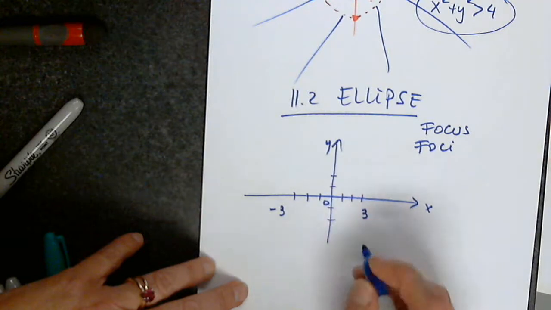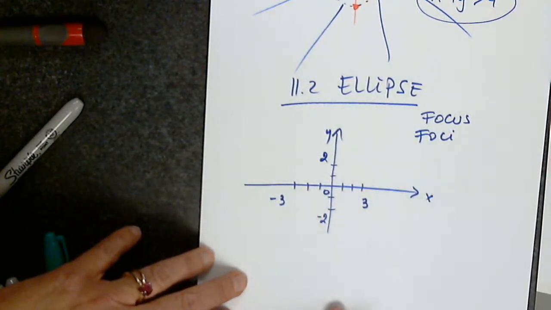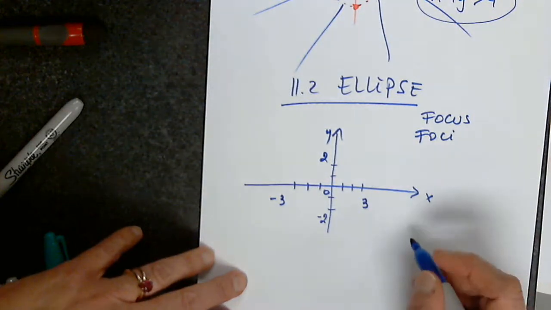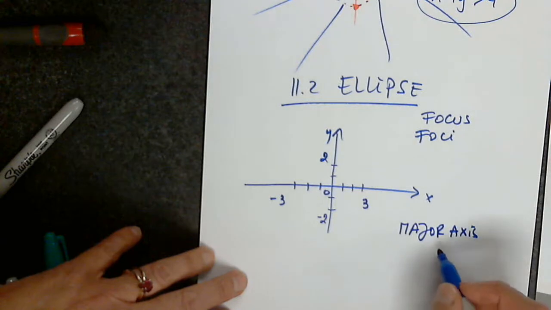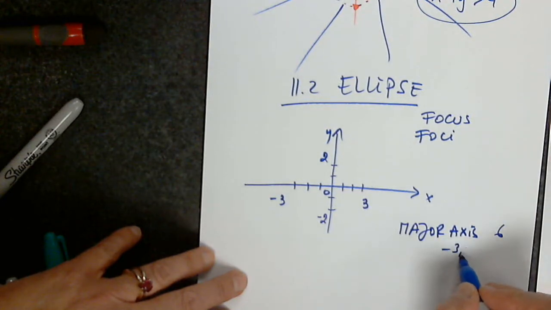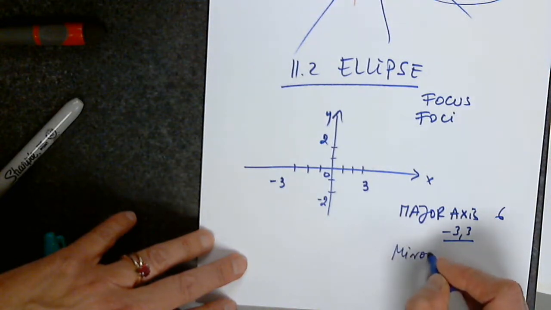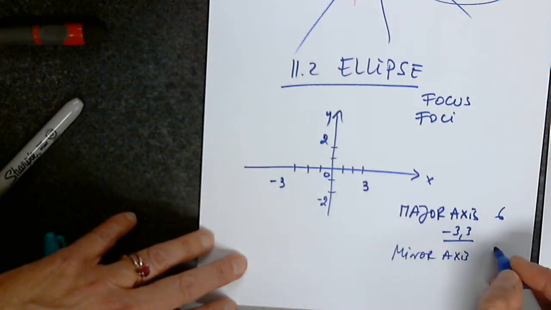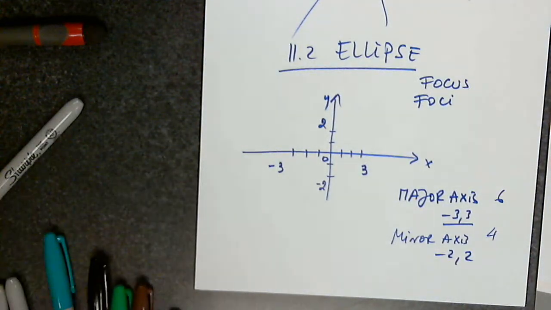And let's say the minor axis starts at -2 and ends at 2. So major axis 6, between -3 and 3, and minor axis 4, between -2 and 2. And here comes the ellipse.